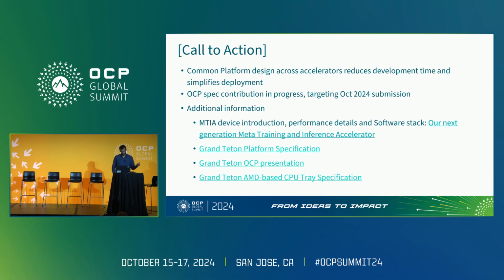You can find the OCP specs for Grand Teton and the AMD motherboard on the OCP portal. Some additional details on the MTIA ASIC itself were published in our blog earlier this year, so you can refer to that for more ASIC architecture details as well.